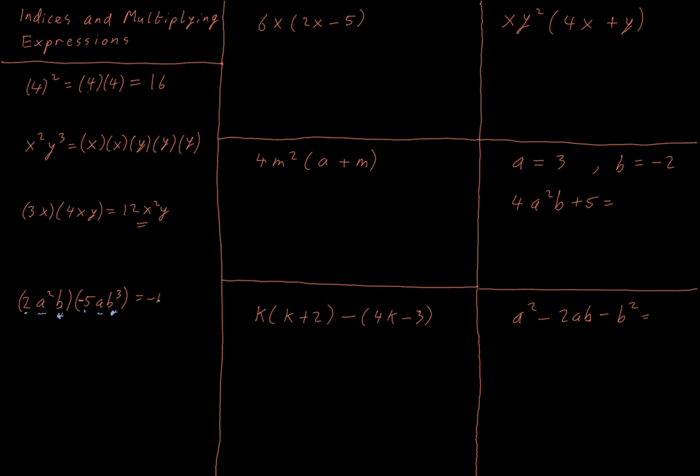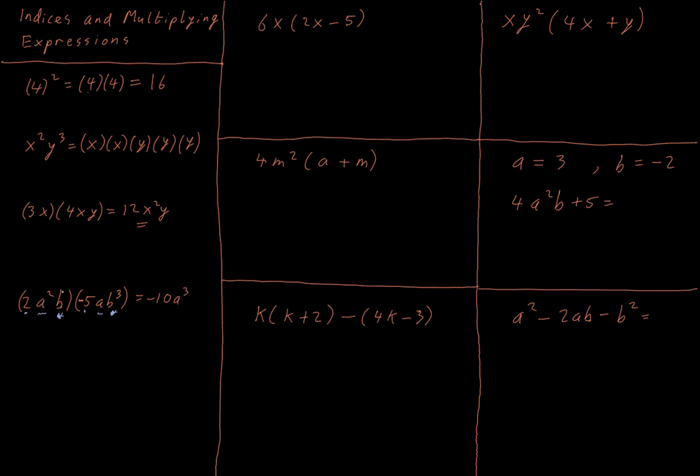So the number part that I always do first is going to multiply out to minus 10. And then I have a squared, so that means a multiplied by a. And I have another a multiplied there. So I have a multiplied by a multiplied by a. How many a's do I have multiplied together in total? I have 3 of them. So that's a cubed.